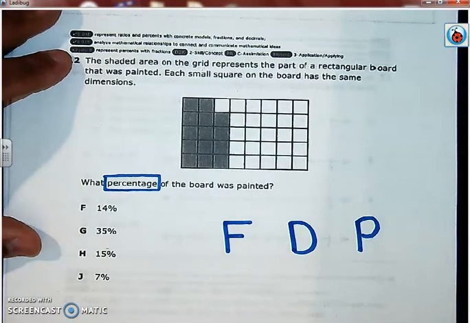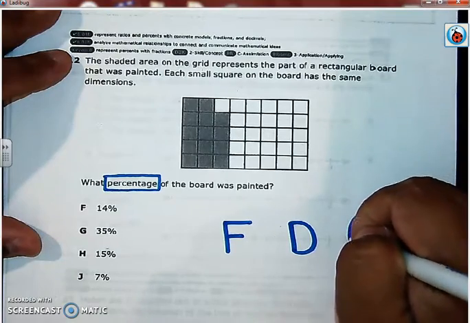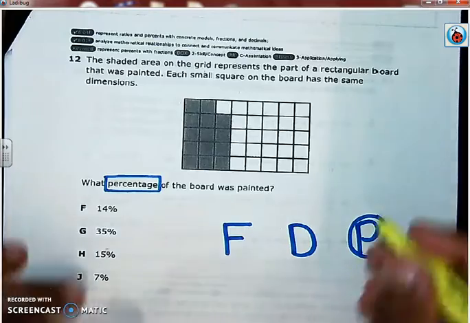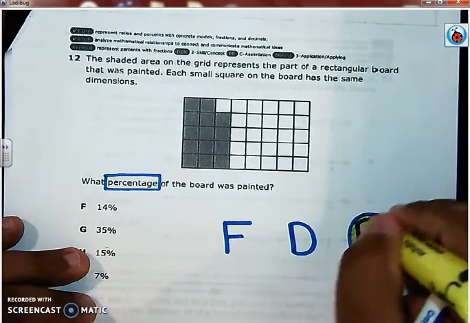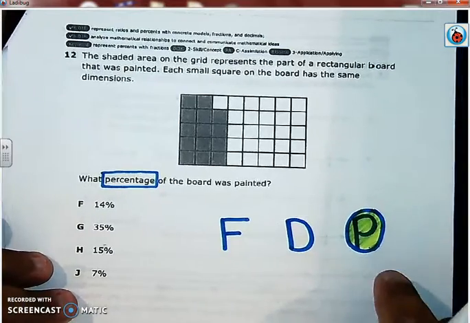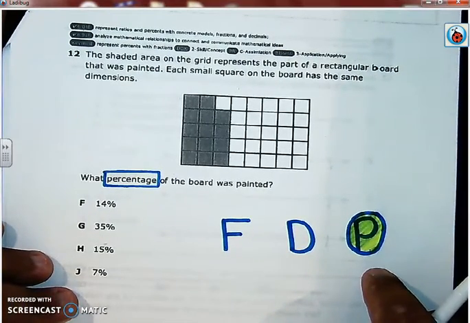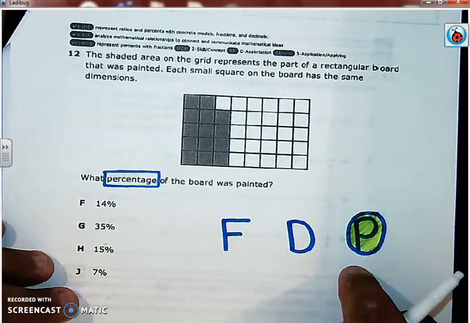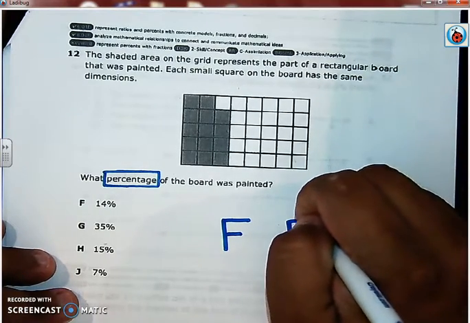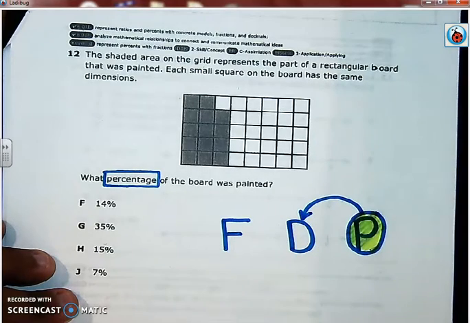So let's look at what they're asking for. They want a percent. That's what they're looking for, a percent. I cannot give them this percent because it's at the end of free Dr. Pepper. So free Dr. Pepper tells me that if they want this, I first have to give them a decimal.